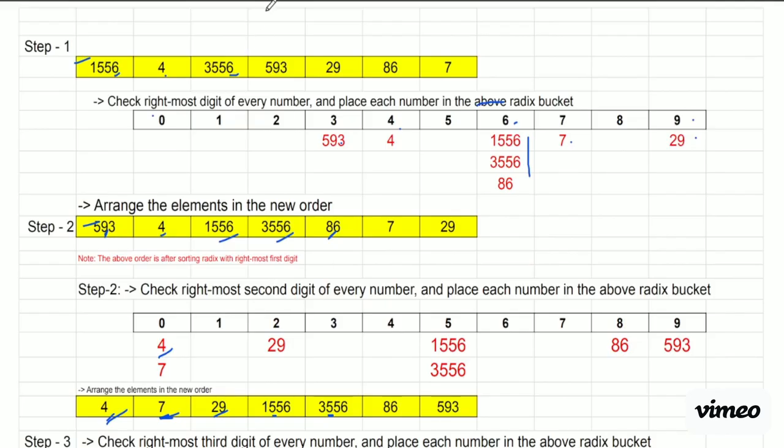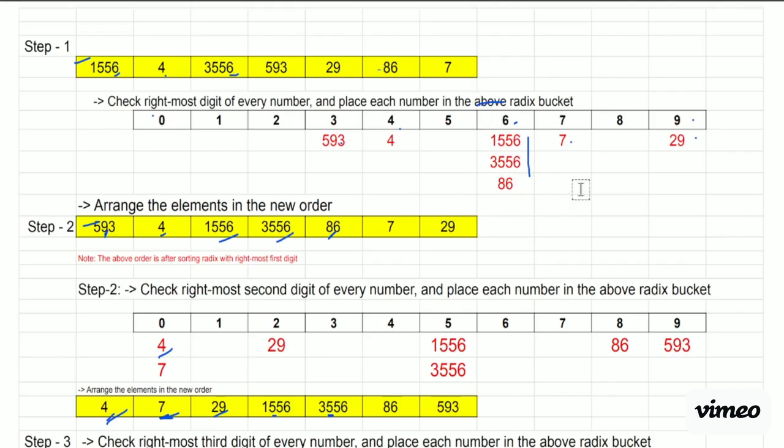It is not impossible, but it is difficult to sort negative numbers. Let's try using radix sort. Suppose I put -86 here. It doesn't make any difference because the algebraic sign, since there is no comparison happening here, never comes into the picture.